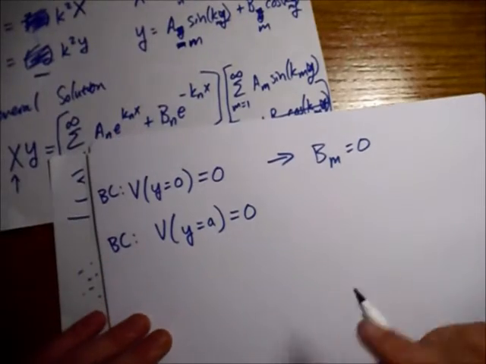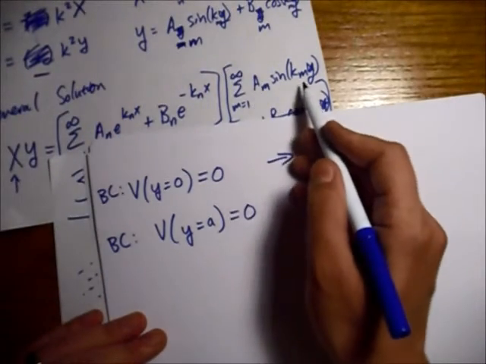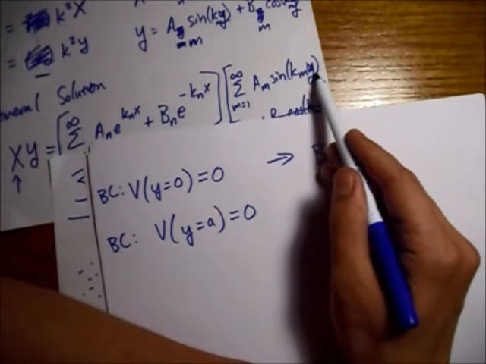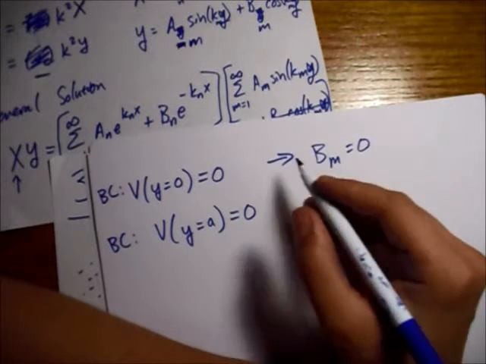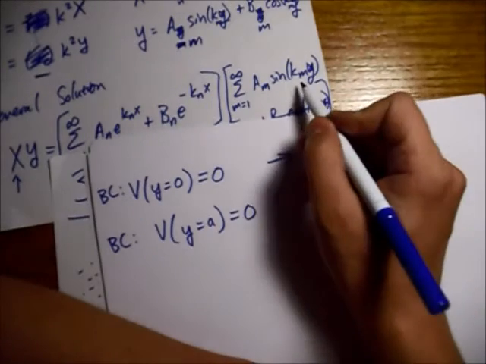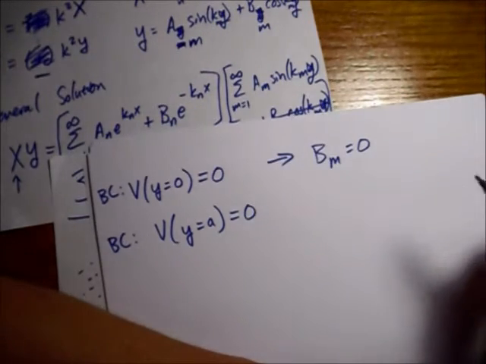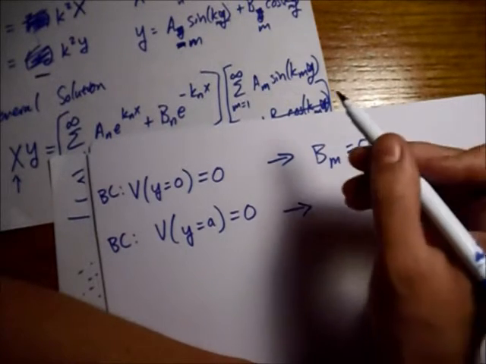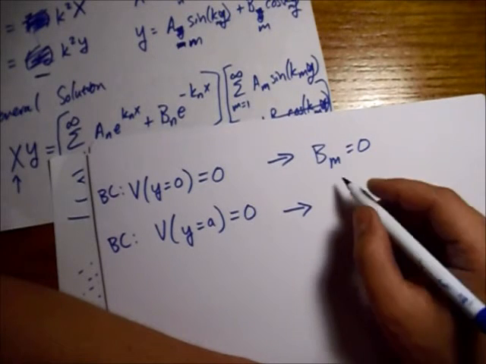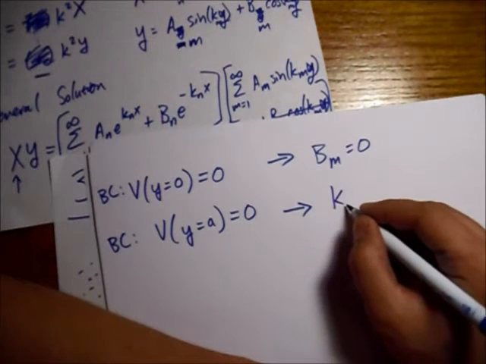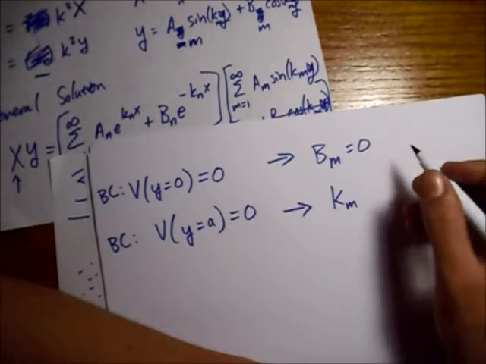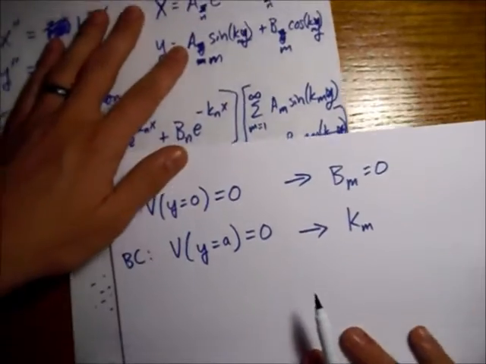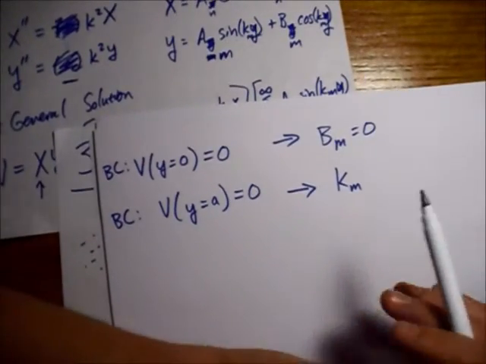Now, in order for sine to go to 0 at a, that happens every time this k is equal to n times pi divided by a. So this unfortunately doesn't tell us what a sub m is, but it tells us what k sub m is. And I guess, you know what, these are actually the same k as well.